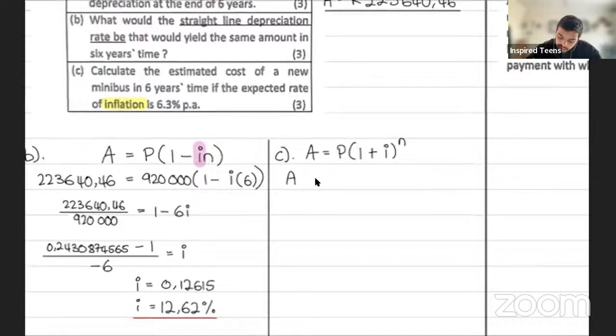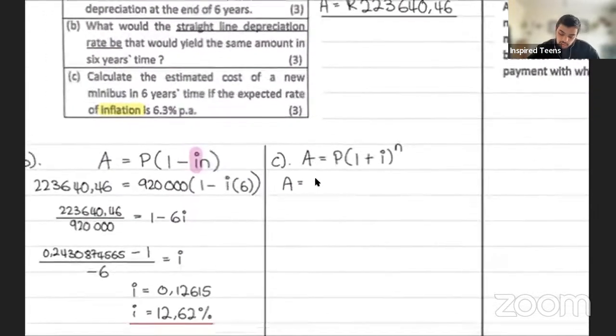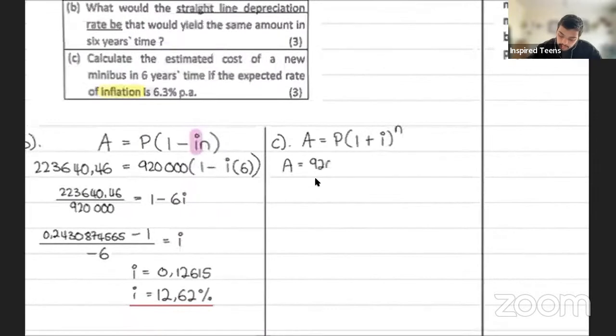So we're calculating A. P is the principal amount, because remember the minibus currently costs 920,000, and now it's going to inflate. We need to calculate that. So 920,000 times 1 plus, what's our interest rate? 6.3. So that's actually 0,063. In what? In 6 years' time.